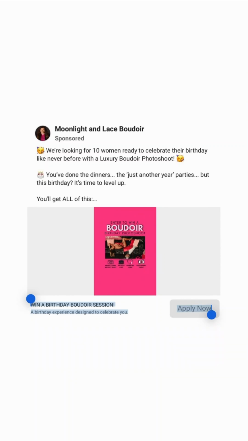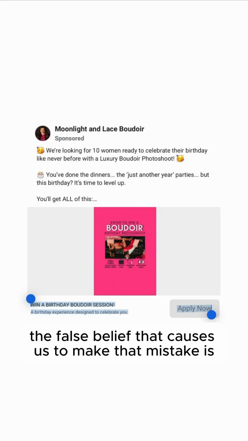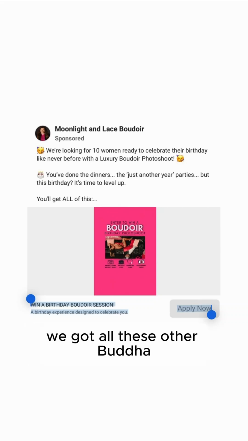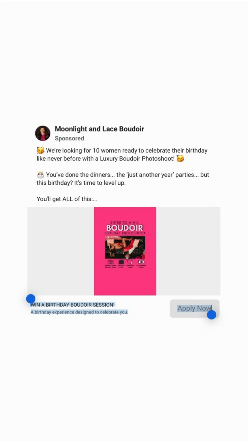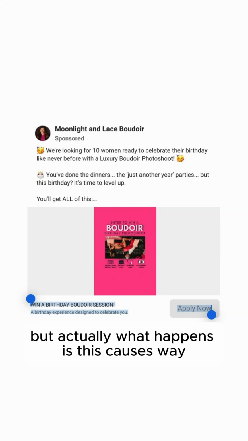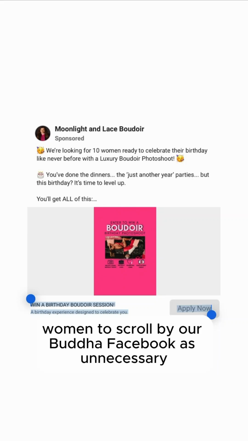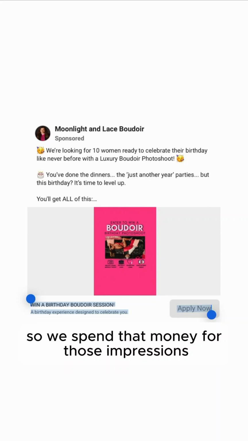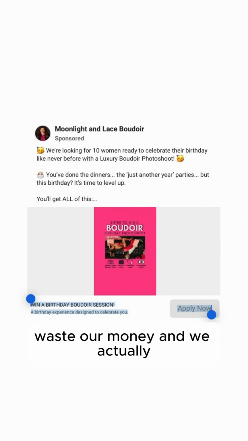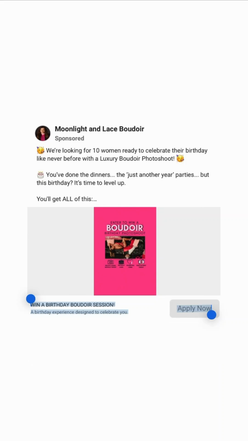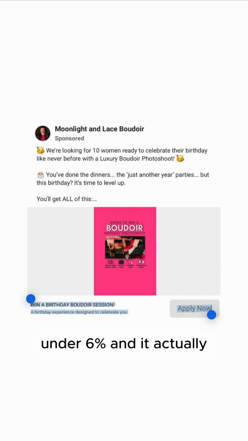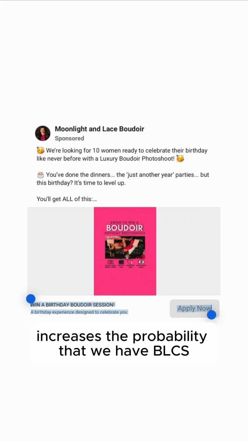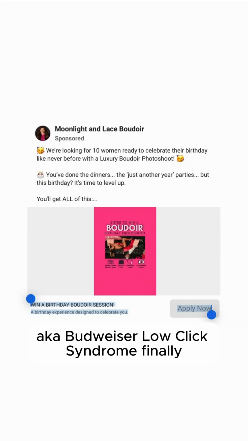And that's because we got all these other Boudoir Facebook ads that we've seen that all look like ads. But actually what happens is this causes way more women to scroll by our Boudoir Facebook ads than necessary. So we spend that money for those impressions, waste our money. And this actually pulls down our unique CTR all under 6%, and it increases the probability that we have BLCS, aka Boudoir low click syndrome.